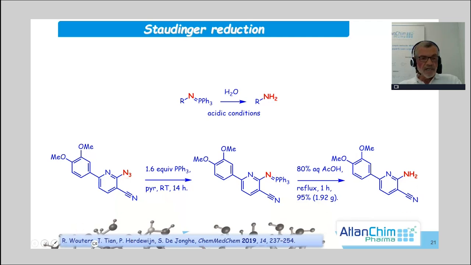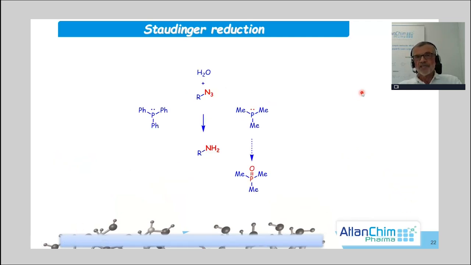As we have just seen in the previous examples, triphenylphosphine is widely used as a phosphine in Staudinger reduction.